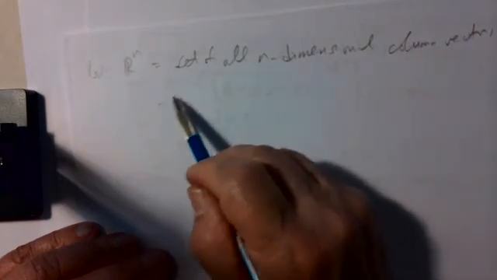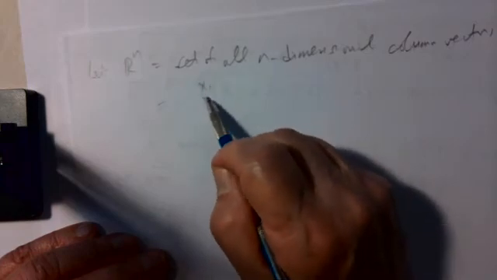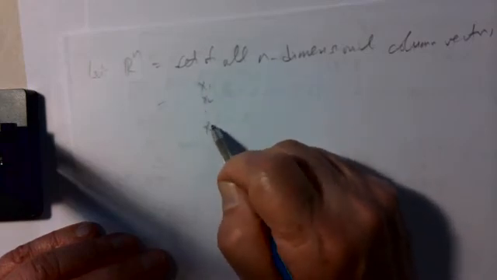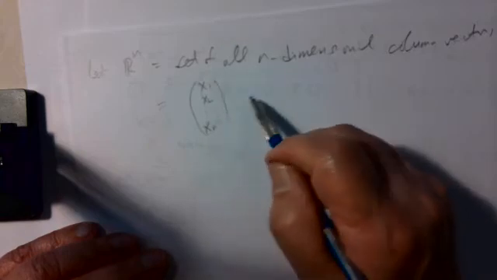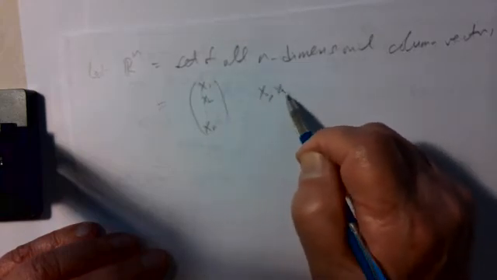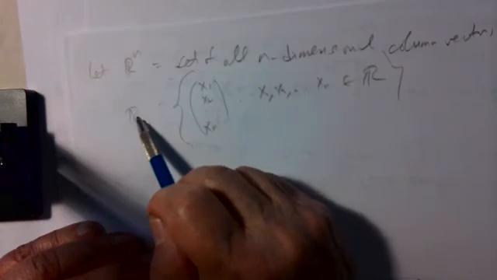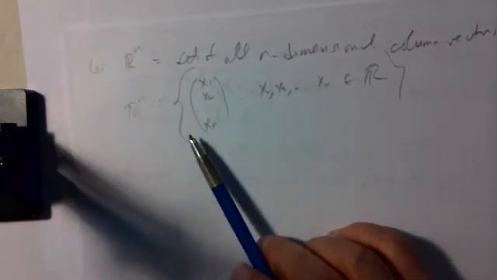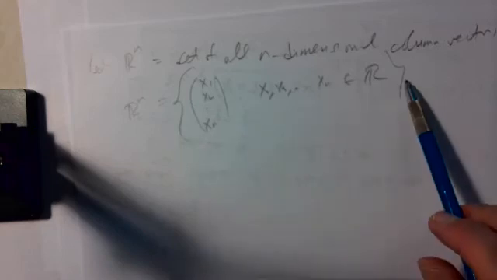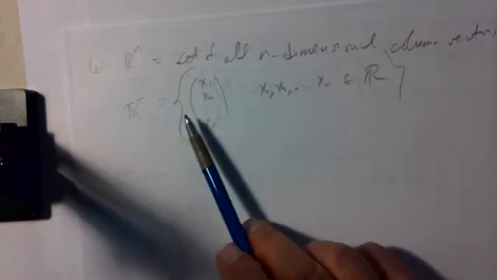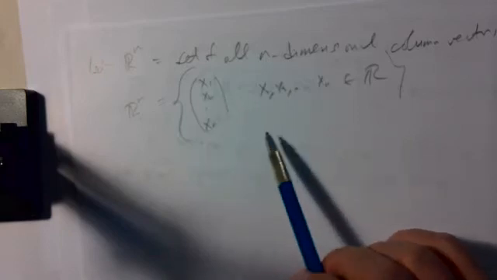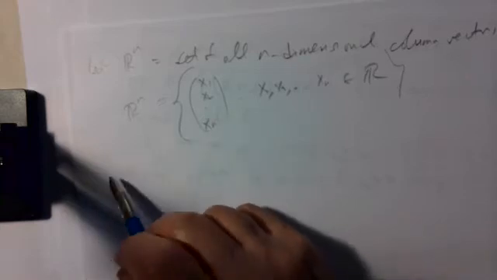That means all vectors x1, x2, up to x sub n, these are column vectors, just n numbers written in a line. So I use the standard notation in mathematics where a set is a collection of objects, and you define a set by putting things inside these curly brackets. And this is the set of all of these n-dimensional column vectors where x1 up to xn are any real numbers.